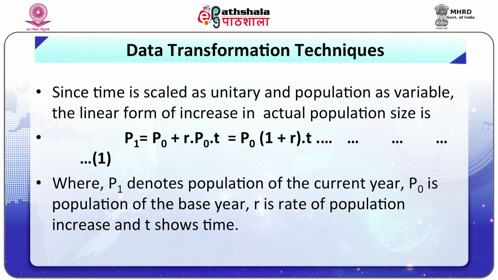Since time is scaled as unitary and population as variable, the linear form of increase in actual population size is P1 = P0 + R × P0 × T = P0 (1 + R × T), where P1 denotes population of the current area, P0 is population of the base year, R is rate of population increase, and T shows time.